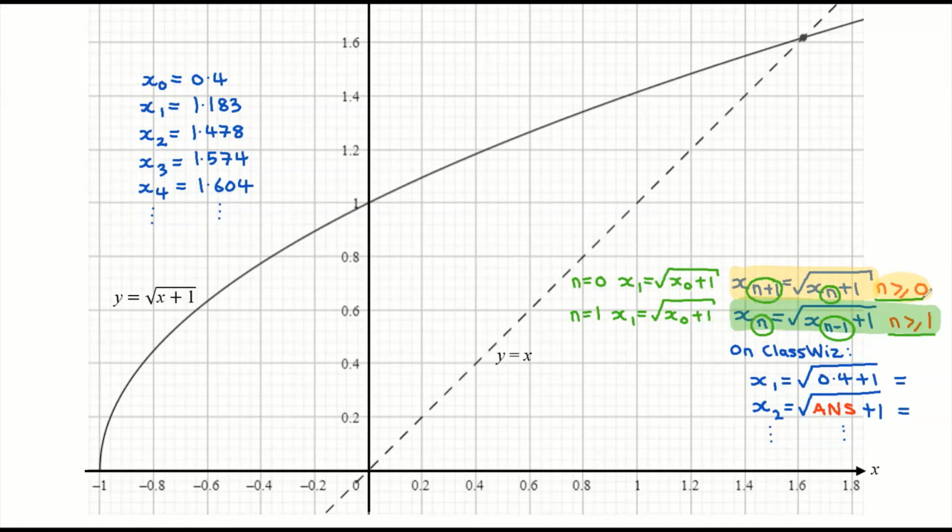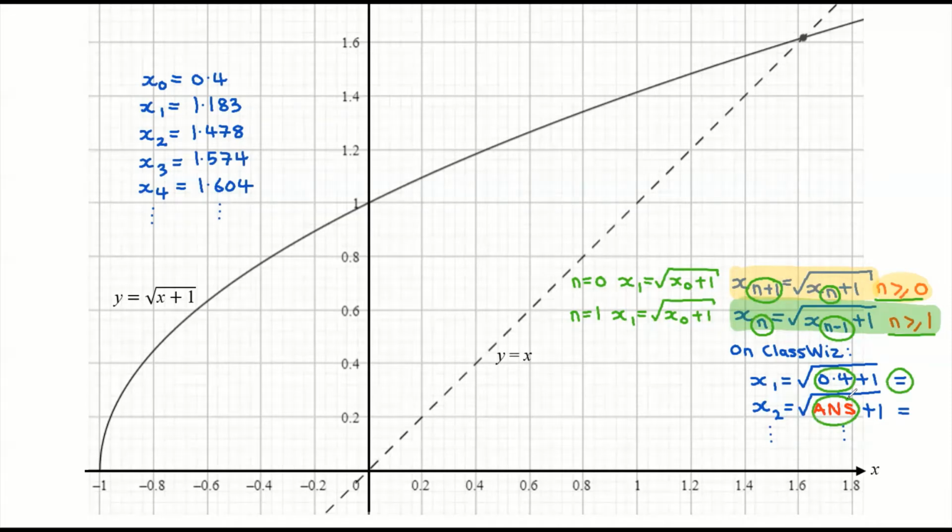When you work out the first term, you're plugging in the x0 right here, and then you'll get an answer. Press equals. That answer you can use in your next iteration, and if you use the answer button, it will just generate more and more terms, so you don't have to write all the working out again and again.